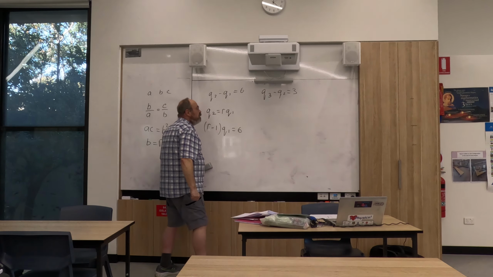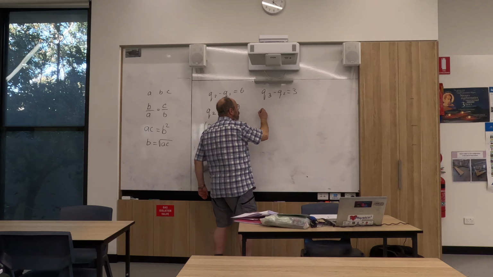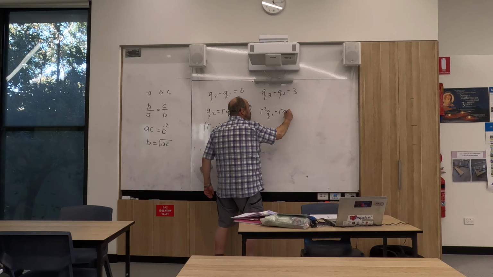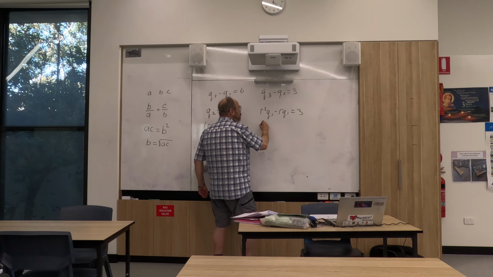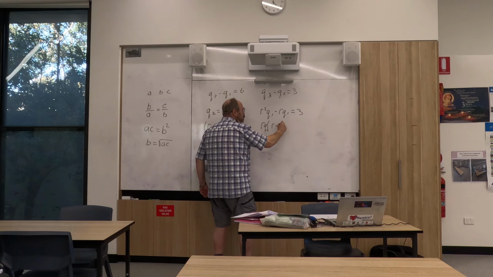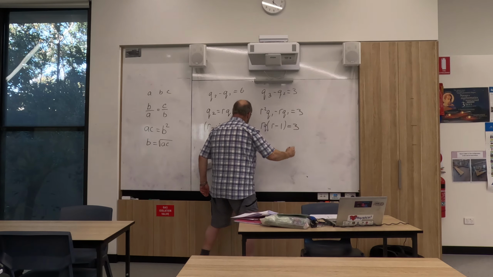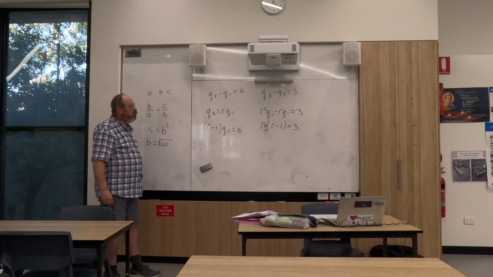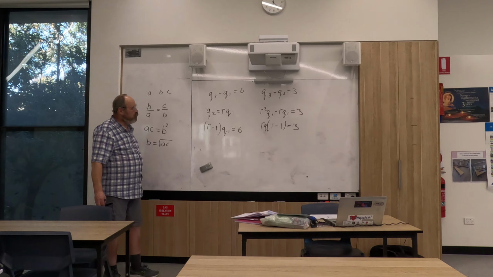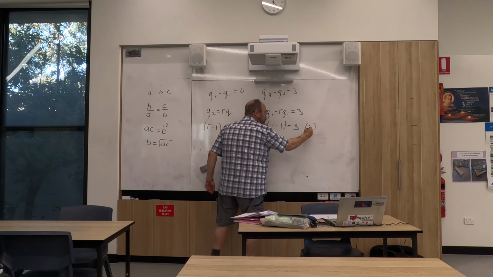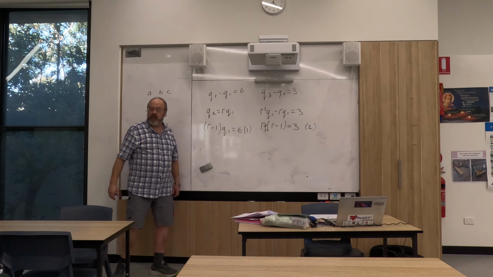This will be R squared Q1 minus R Q1 equals 3, so you get R Q1 times R minus 1 equals 3. We got two simultaneous equations. What will be the easiest way to solve those simultaneous equations?